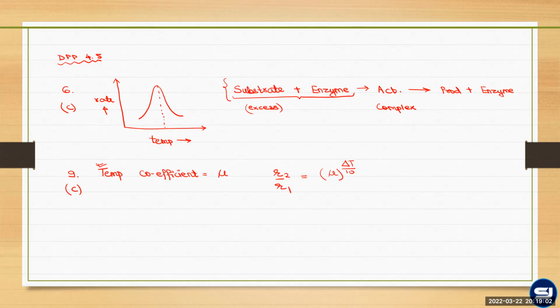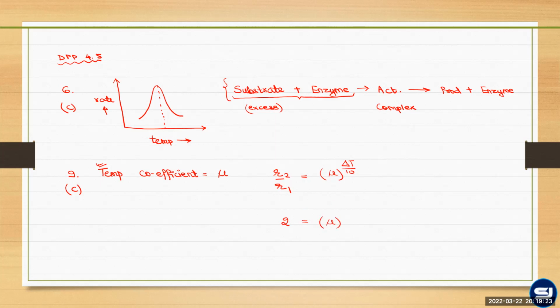Yes, sir. So here, if I apply this particular relation in question 9, what they are saying is that the rates are getting doubled. That means R2 by R1 is 2, which is equal to the temperature coefficient mu, and it's for every 10 degree rise.